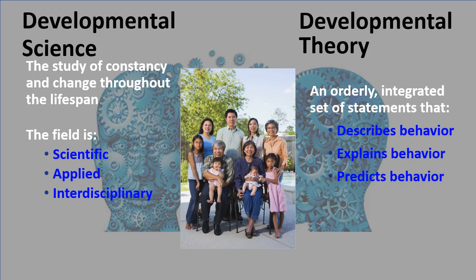So the next slide covers three basic issues in developmental psychology. We'll get into each of those deeper as we go along, and be aware that they are going to keep coming up and coming up throughout this course. So you need to be aware of these three issues.